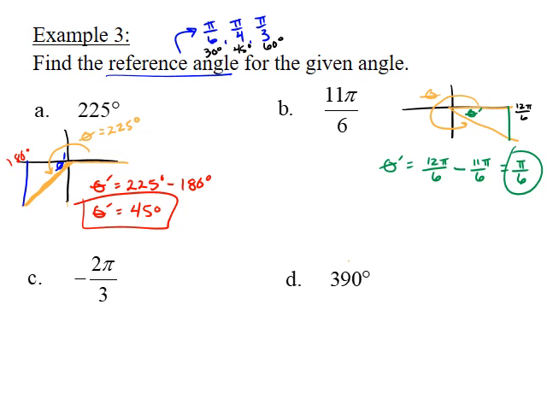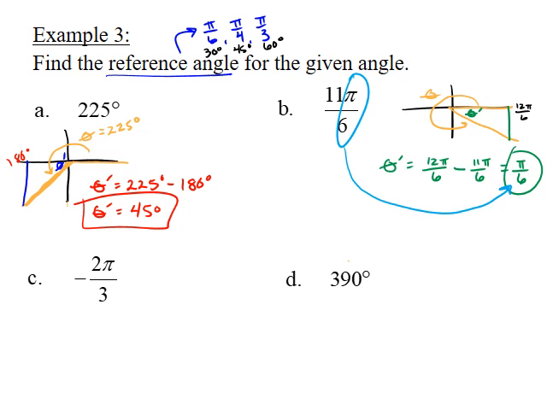Here's a shortcut for you. You don't even really need to draw a picture. Maybe at first it's helpful, but since this is some multiple of pi over 6, that tells us that our reference angle is pi over 6. You can draw it if you want to, but it's certainly not required.